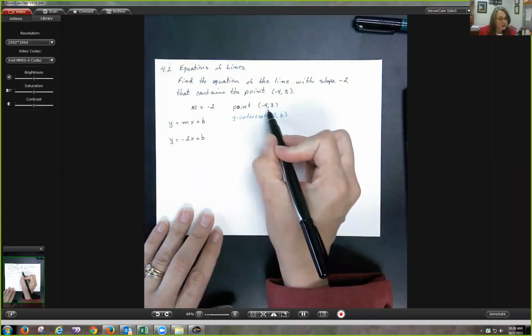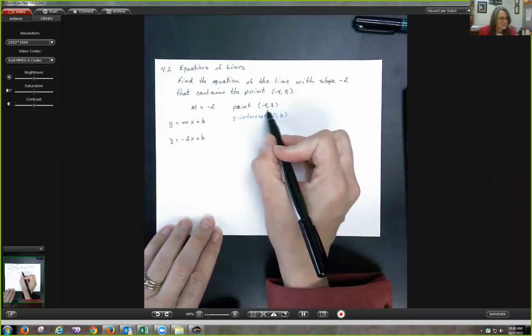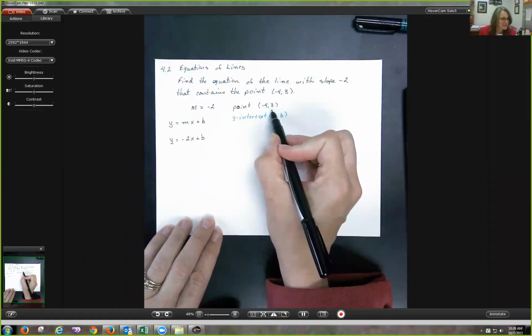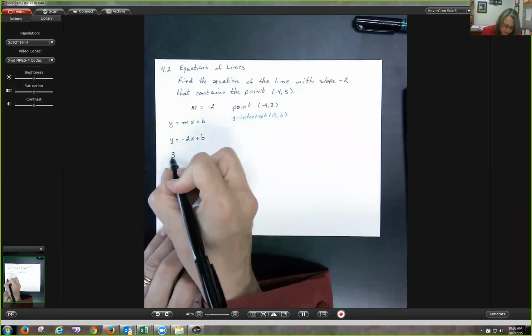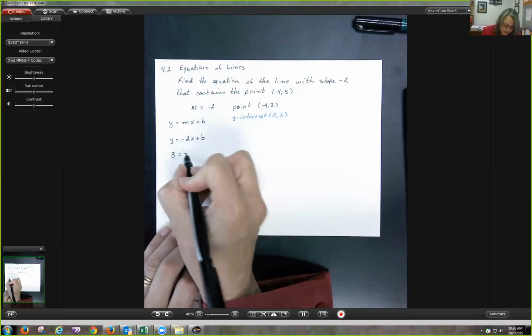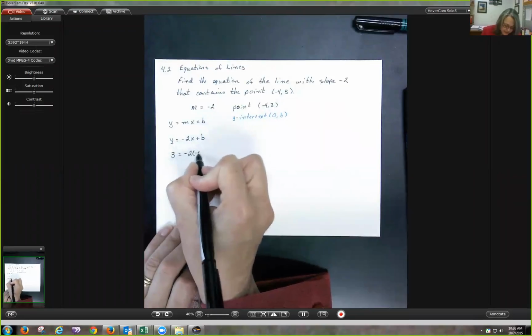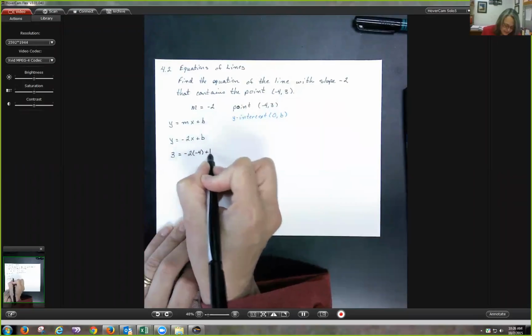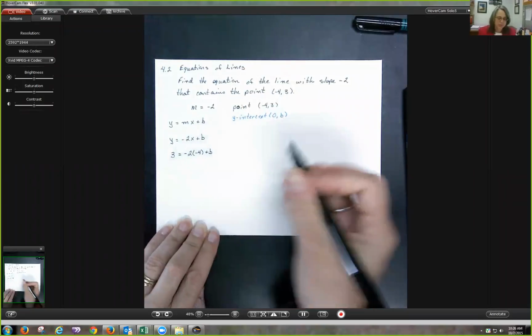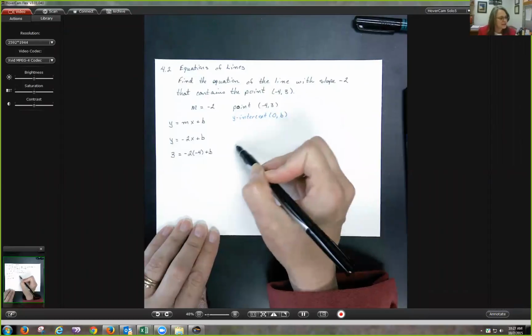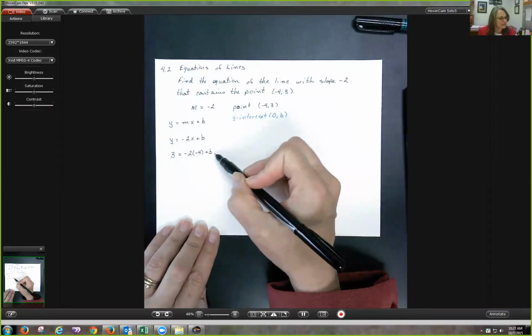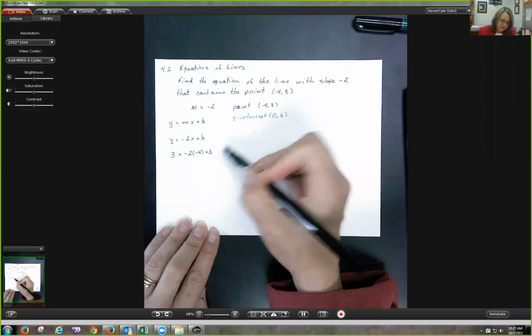But what we do know is we know an xy pair that lies on this line. So we can plug in 3 equals -2 times -4 plus b. What I've done is I've plugged in my xy pair that I know is on the line. And this now will allow me to find my y-intercept.